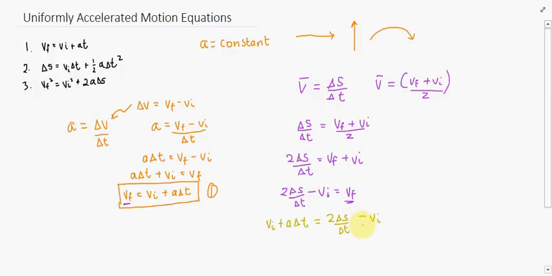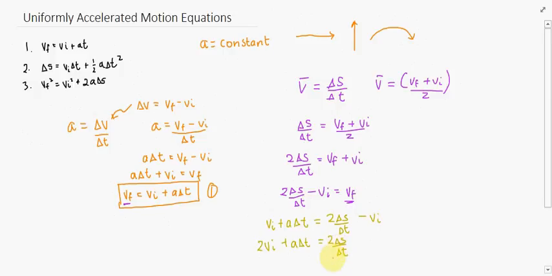Okie doke, so what I'll do then is I'll get this initial velocity over to that side. Since I have an initial velocity which then becomes a plus, I'll have two initial velocities plus a times delta t, which is equal to 2 times delta s over delta t.